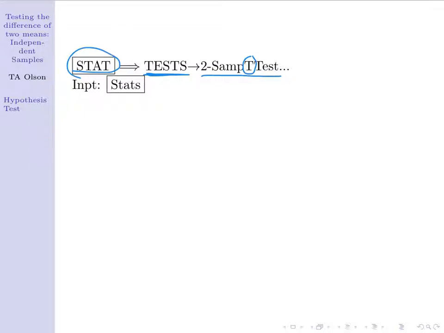And going through our inputs, since we have our statistics rather than the raw data, we want to choose as our input Stats rather than Data. Then we want to input our numbers. First for our ones, our American League, then for our twos, our National League.